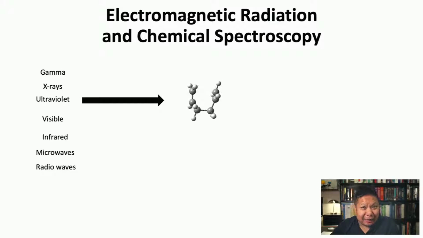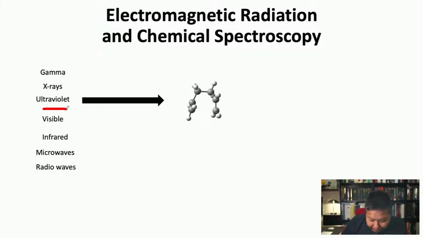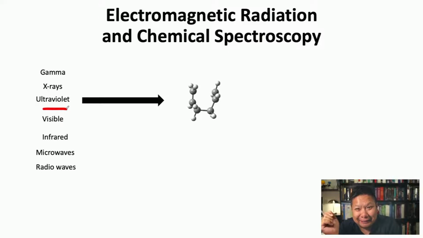And if you recall back from when we were talking about dissociation energies of carbon-carbon bonds, I don't remember when it was, like last week or something, right? It turns out that ultraviolet light is the exact energy needed to dissociate a carbon-carbon bond, right? It's just around the same range, okay?